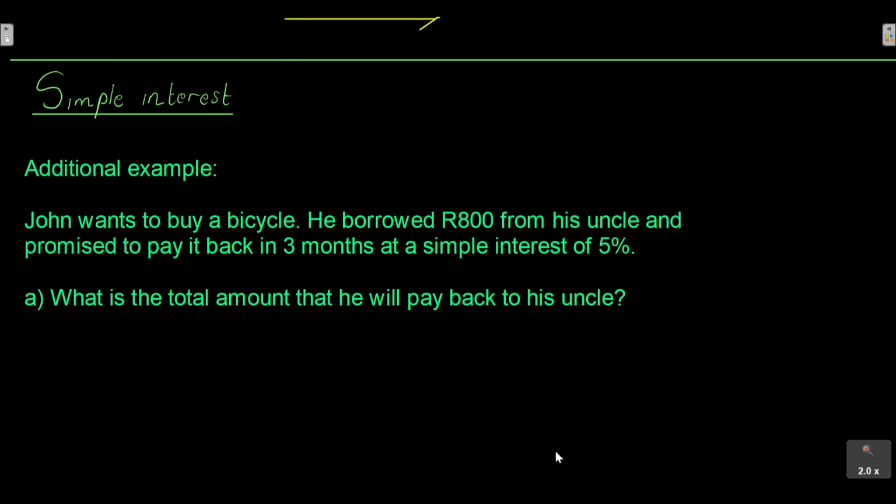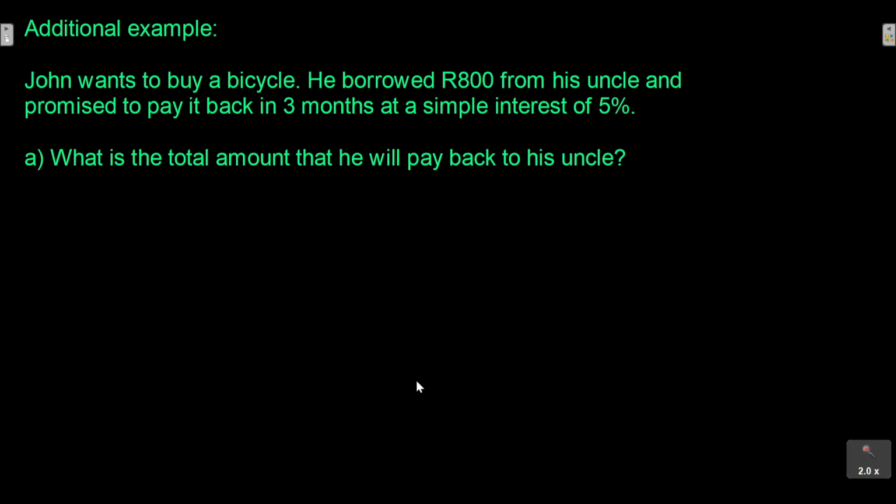Remember, when I started off the explanation of simple interest, I mentioned that simple interest is calculated on the principal amount. What do I mean by this? What do we need to do to calculate how much John will need to pay back to his uncle? He borrows the amount, and he promised that he's going to pay it back in 3 months.